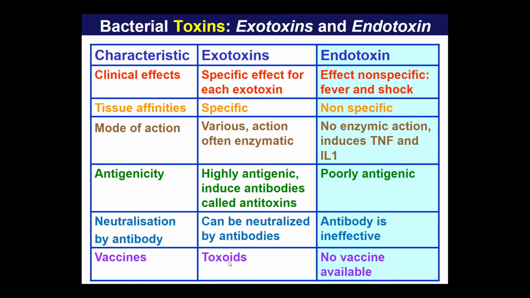This toxoid will consist of partially chemically modified exotoxin that will lose the toxicity, the capacity of damaging human tissues, but will keep unchanged the property named immunogenicity, the property to induce immune response, antibody synthesis, for example.